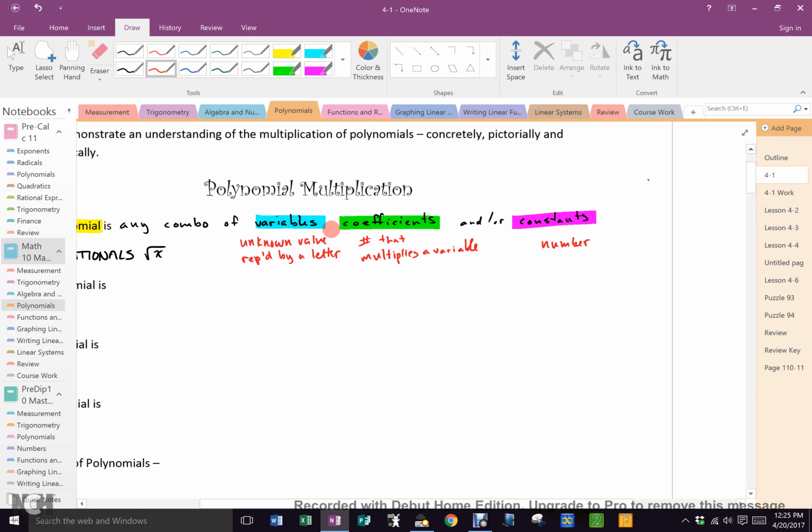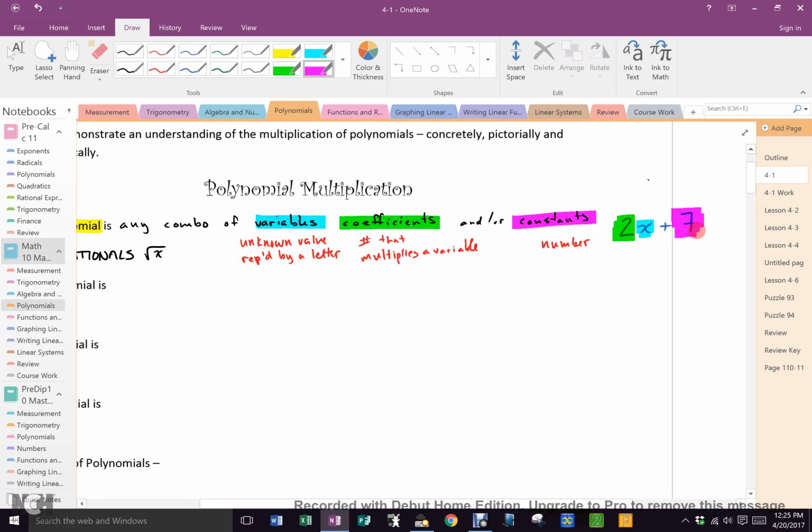So, a polynomial that has all three of these things would look like this: 2x plus 7. The variable is highlighted in blue. The coefficient is highlighted in green. And the constant is highlighted in pink.